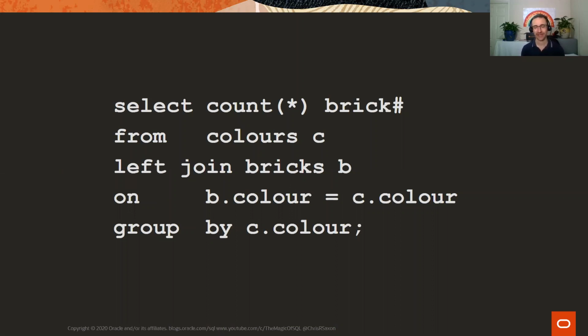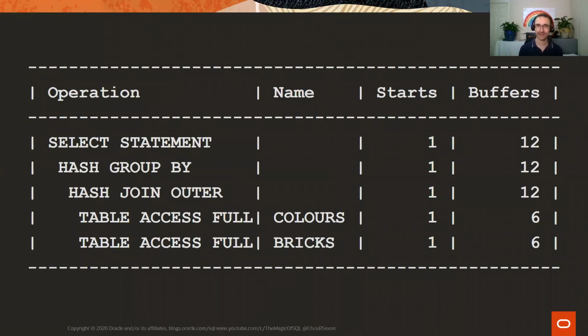Not a hard and fast rule. There are still some cases where a scalar subquery can be better, but generally speaking, you want to think, how can we reduce the work we're doing here? Going to our new plan, we can see that we are now reading each table just once. Exactly what we wanted, significantly reducing the amount of work we're doing.